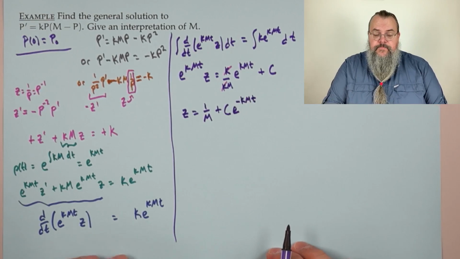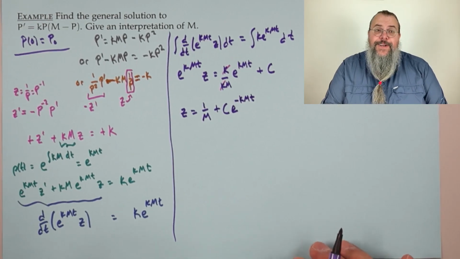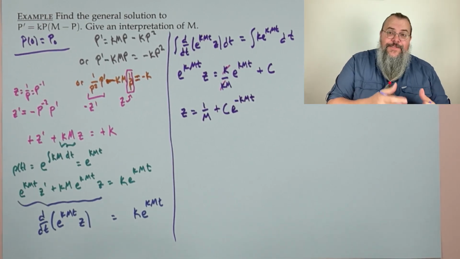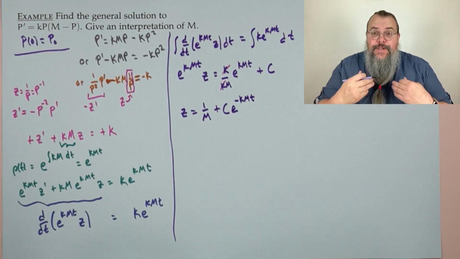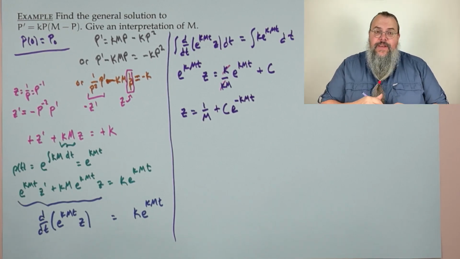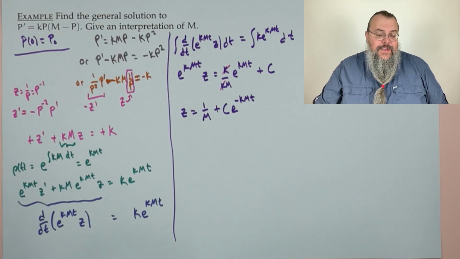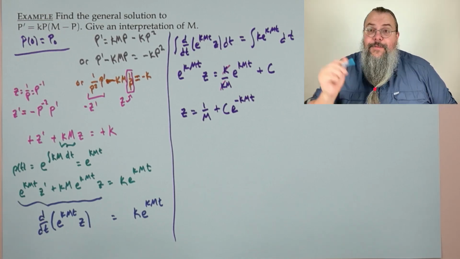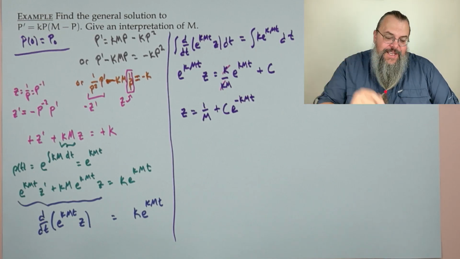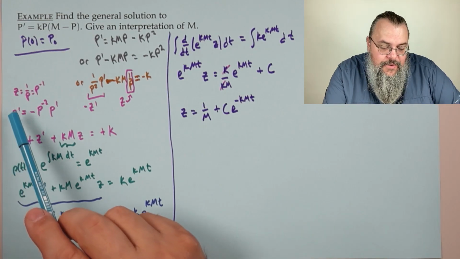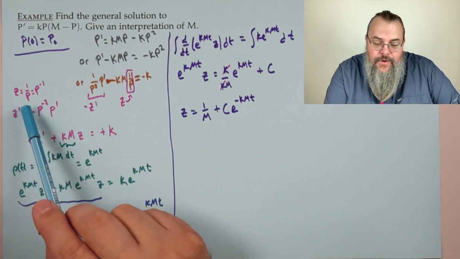All right. But we weren't asked to solve for z. z was something we introduced. What were we asked to solve for? We were asked to solve for p. What is the relationship between z and p? z is 1 over p.